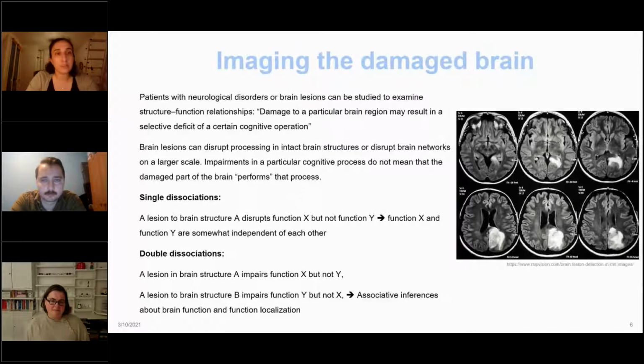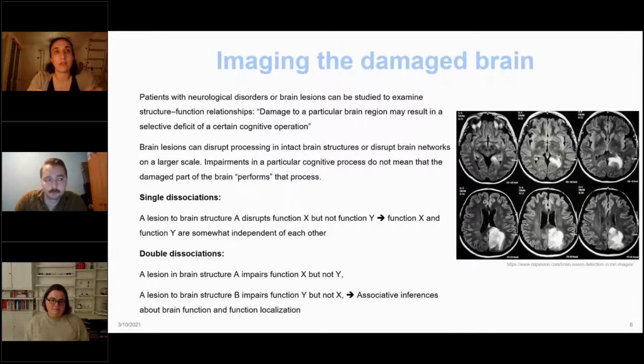And I wanted to start by saying that we started to establish those relationships between structure and function based on patients that had neurological disorders or had brain lesions. And those brain lesions can actually show us how they relate to a cognitive process. However, I'm gonna stress that they do not show causation.